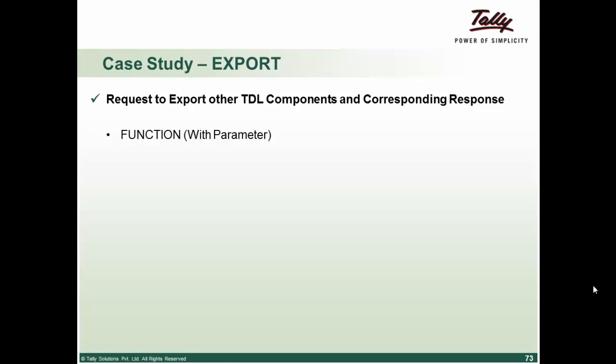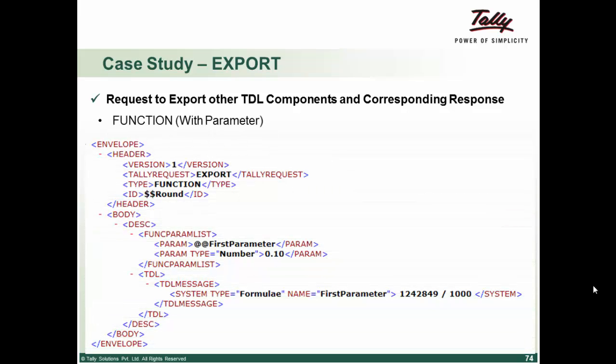Now when the function is with the parameters, header and body, this is how it will look like. So at the top, we will provide tally request as export, type as function, ID as the function name, then we will have the body.